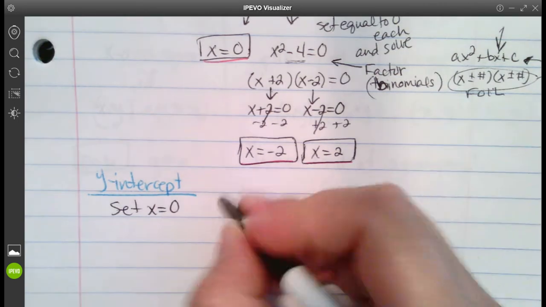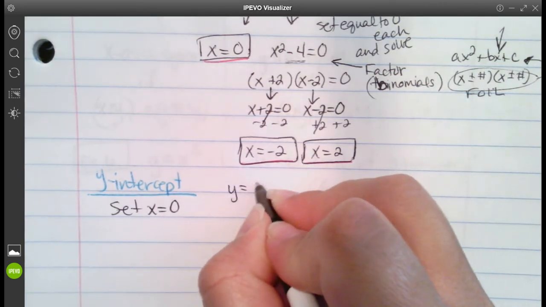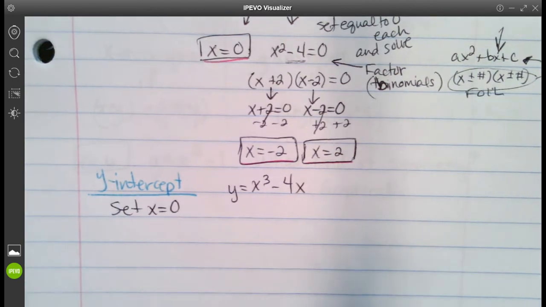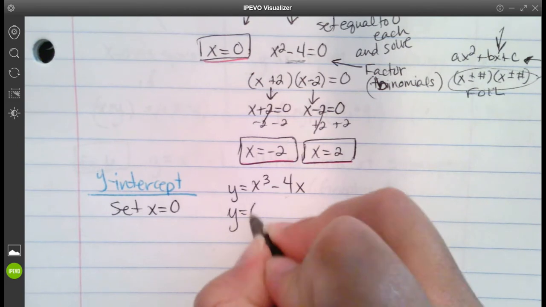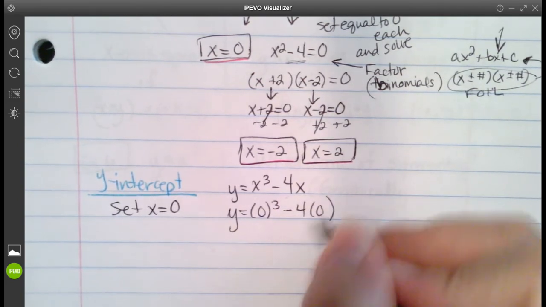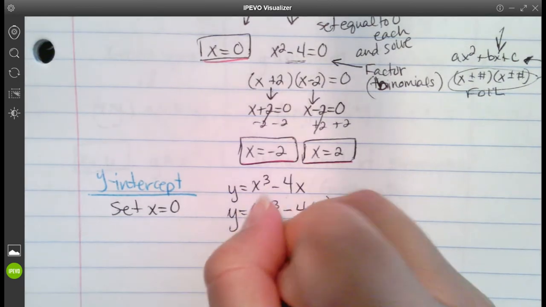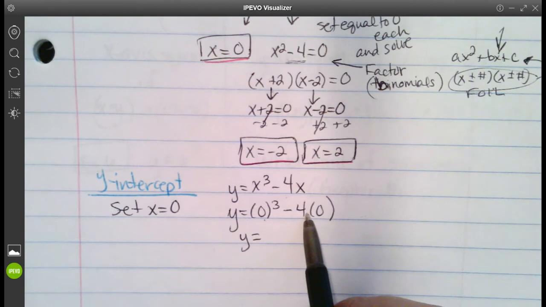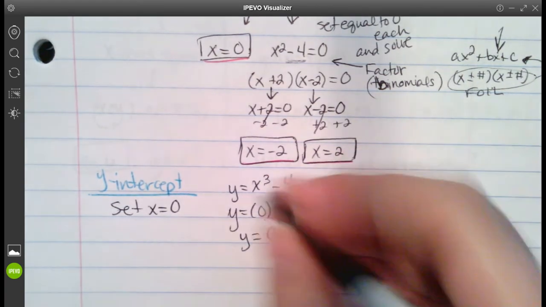Okay, so again, here's my equation. y equals x cubed minus 4x. I'm going to plug in 0 into all my x's. So y equals 0 cubed minus 4 times 0. And this one comes out nicely because 0 cubed is just 0. 4 times 0 is just 0. So therefore, y is just equal to 0.